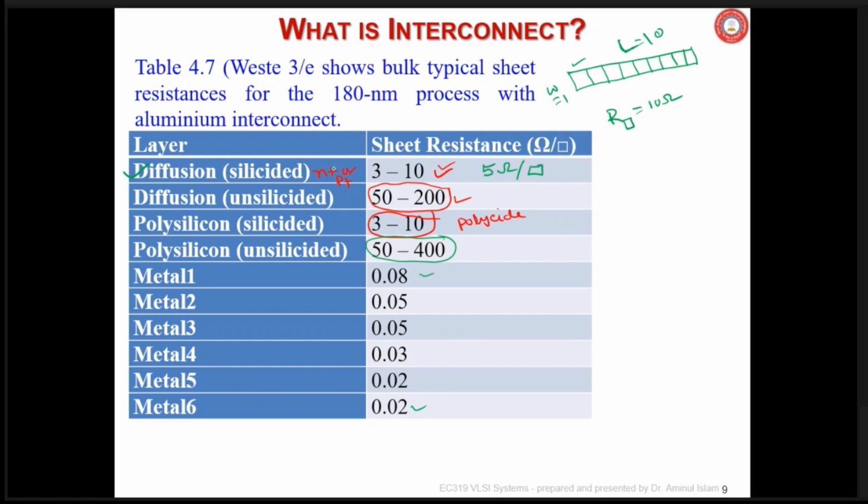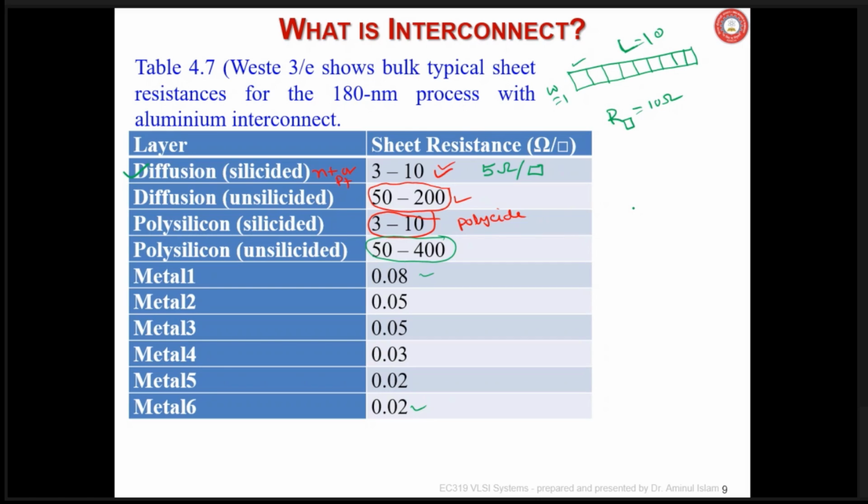What is silicide? It is a combination of some refractory metal like tungsten, cobalt, nickel, tantalum, etc. This is called refractory metal because it can withstand very high temperature, right?